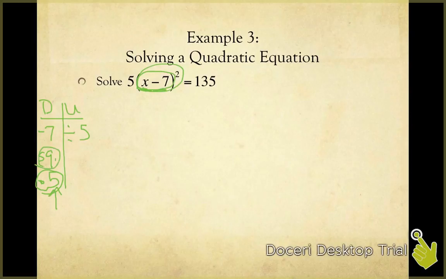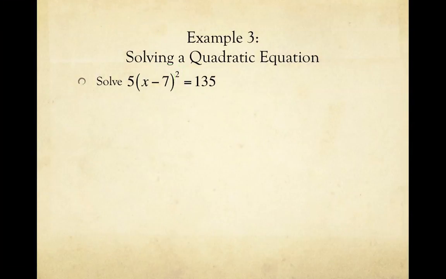And then this squaring means I'm going to have to square root, and this subtracting 7 means I'm going to have to add 7. All right, so let's do that. So we start by dividing by 5, which gives us x minus 7 quantity squared equal to 27.